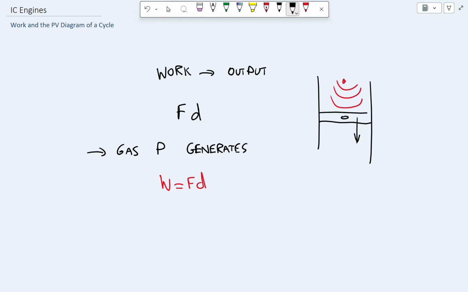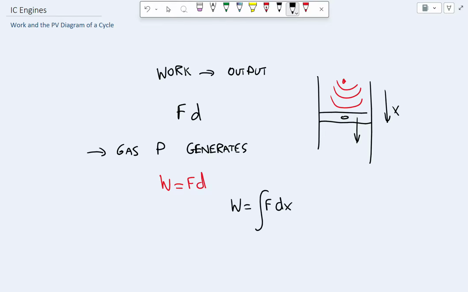Whenever the force isn't linear, your work is written as the integral of f dx, where dx is your movement along the x axis, for example. So that means that if the force is variable, we can integrate the force through the whole distance that it covers, and we will find the total work.